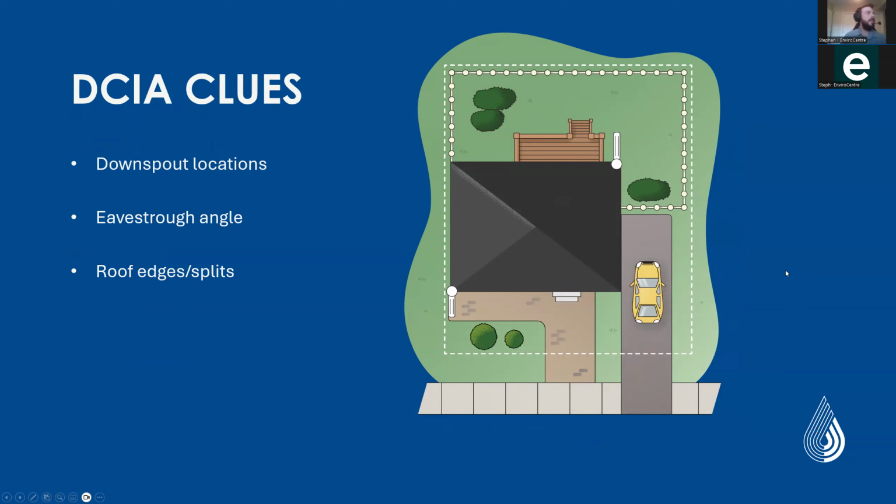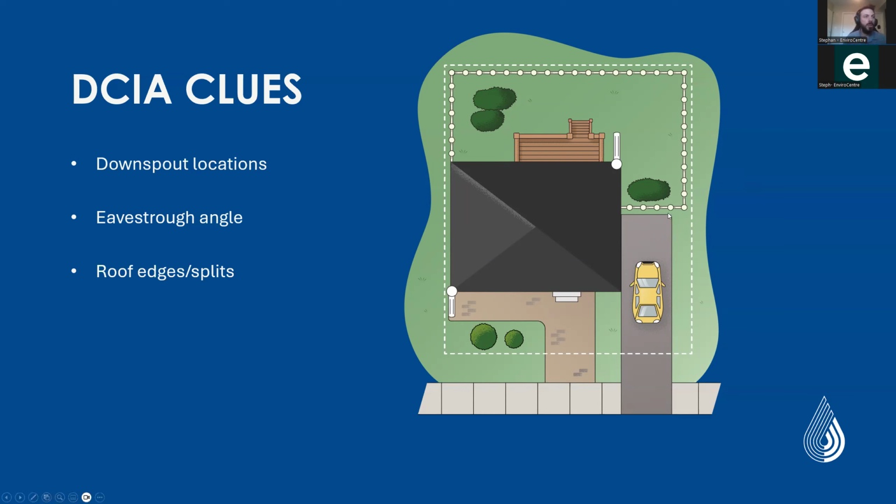Perfect. So this is basically how to split up your home into different DCIAs. Like I said, the driveway is a pretty easy one. It's the whole driveway, so it's going to be the whole section of the driveway up to your property line. So let's say we were going through our home and trying to decipher all the different areas we're looking at.